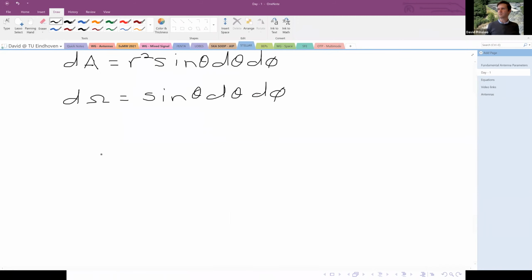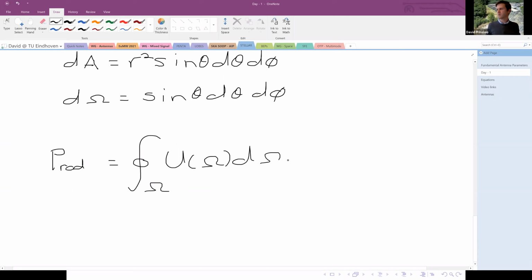Hence, to solve the total radiated power, P rad, we integrate our radiation intensity over all solid angles, defined per solid angle for this infinitesimal unit of solid angle, or in terms of theta and phi, for phi from 0 to 2 pi, theta from 0 to pi, of the radiation intensity in that angle, sine theta.